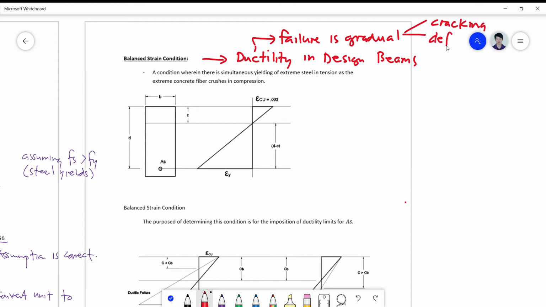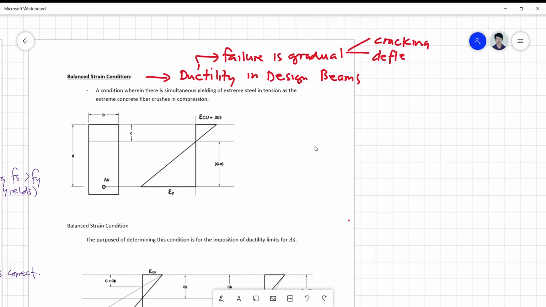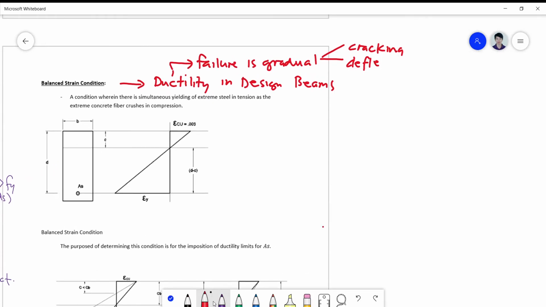Okay, so in a ductile design, we need to know whether the beam is actually on the verge of failing. It is very important that the beam behaves in a ductile manner rather than in a brittle manner.